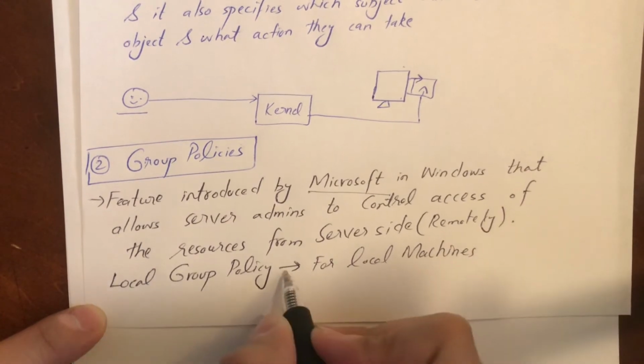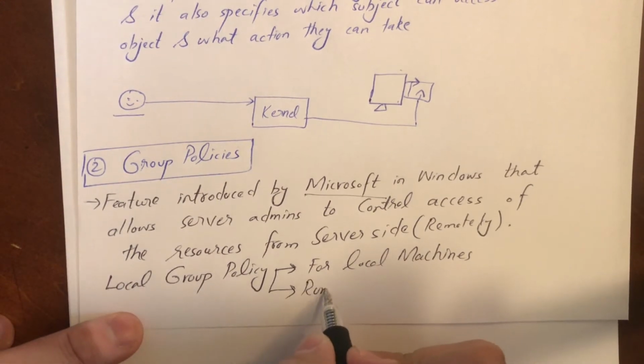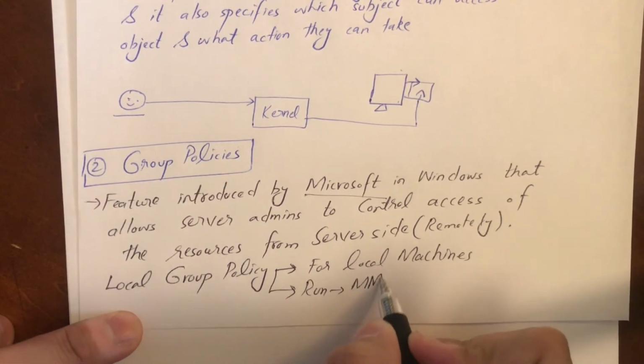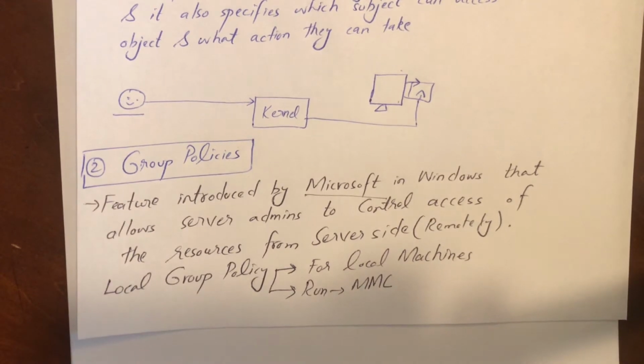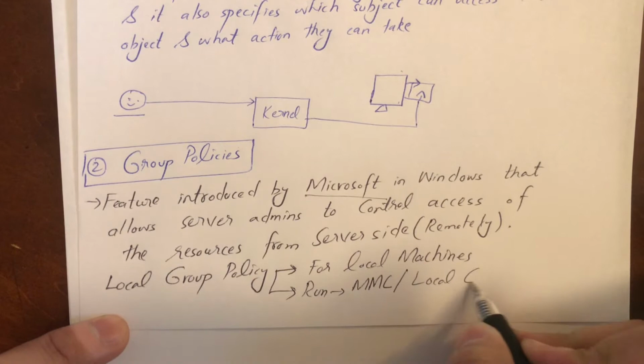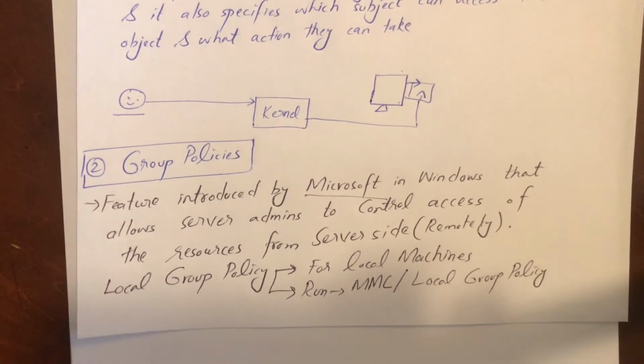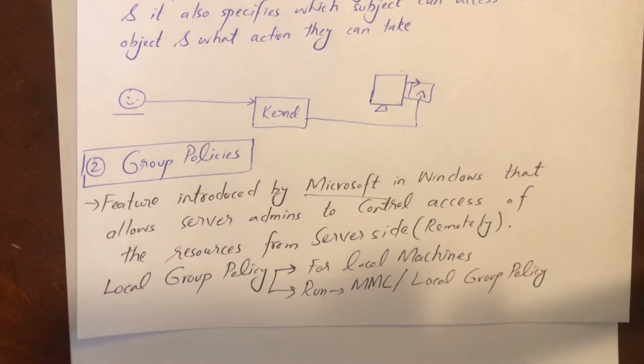If you want to design or set your own local policies, you can hit Run and type MMC, Microsoft Management Console, or you can directly type local group policy. There you can set your password expiration date, your account lockdown policies, and all that stuff.